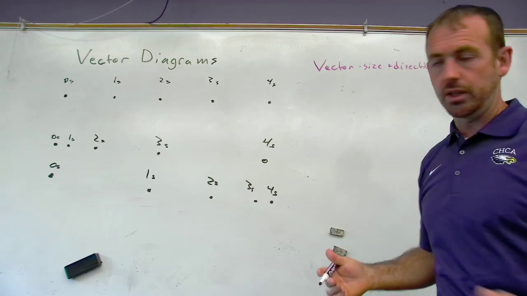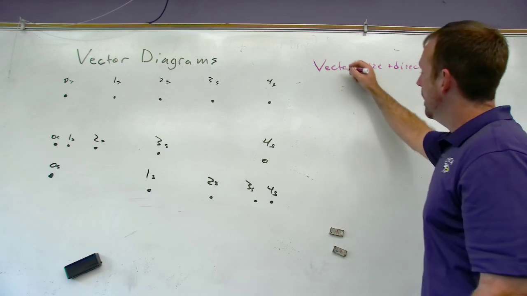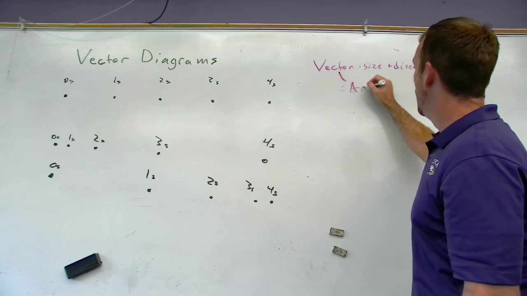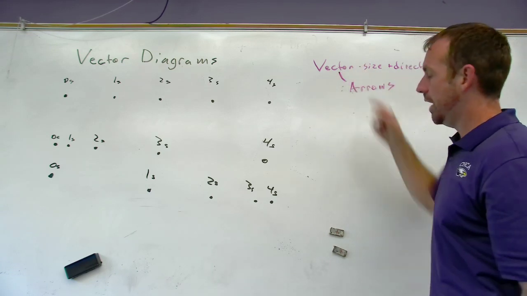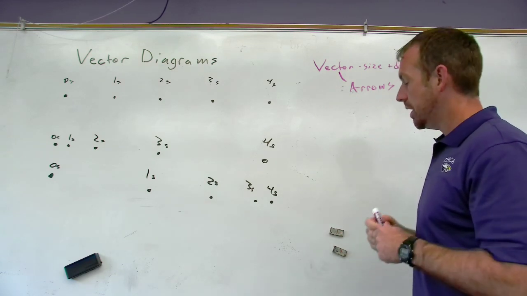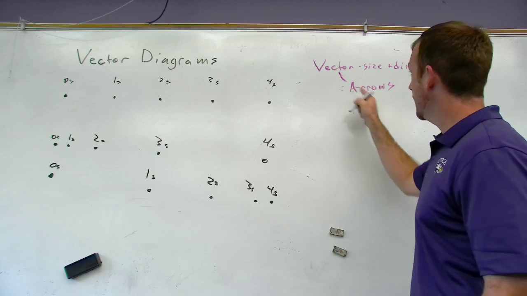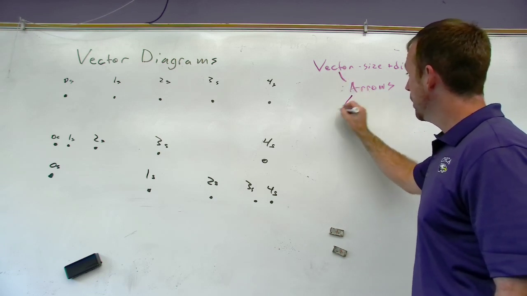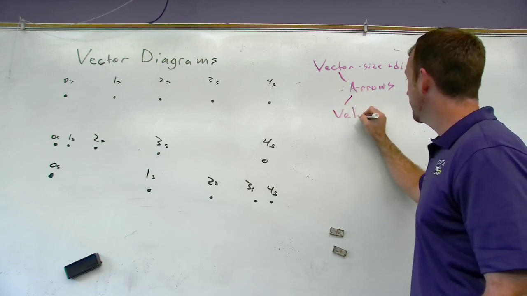Size and direction. Now, arrows are very often used to show vectors. And so what I would like to show you here is, if we were going to use an arrow to show a vector, an arrow to show velocity, what would that look like?